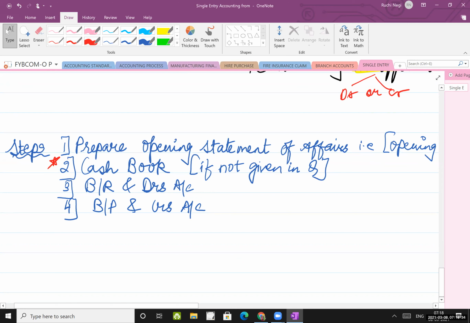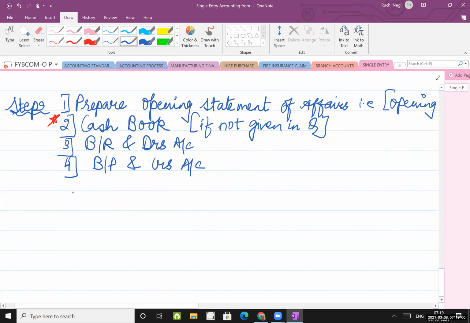So this will actually be part of your working note. Steps 1, 2, 3: you will have to prepare an opening balance sheet, a cash book if it is not given in the question, and bills receivable, debtors, bills payable, creditors. This will generally all form part of your working note.